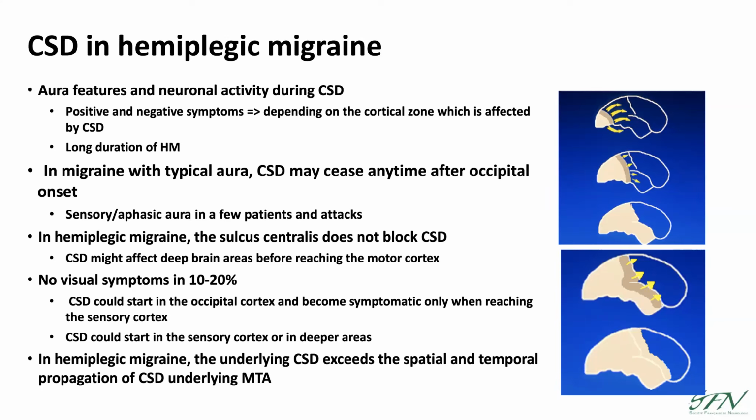In hemiplegic migraine, the underlying cortical spreading depression exceeds the spatial and temporal propagation of that underlying migraine with typical aura, so the affected patients have longer and more severe attacks, and aura is really a problem for them.